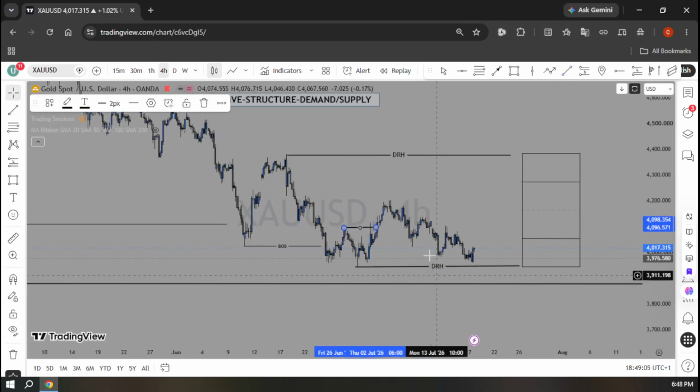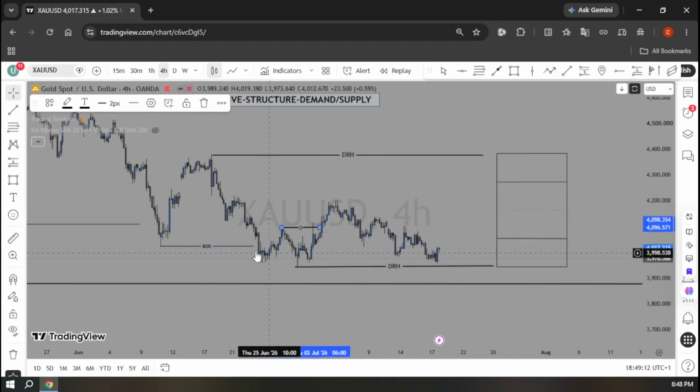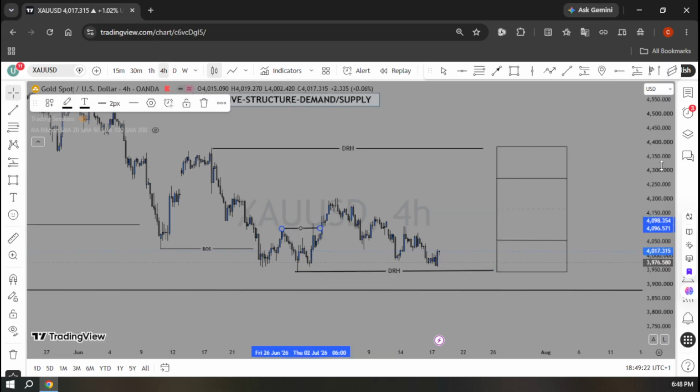So me being a trader, after I see this and price is currently at this particular level, a discount level, the next thing I'll have to do is to wait for price to come back down into this area so I can anticipate the price. But I know this is my daily range low.